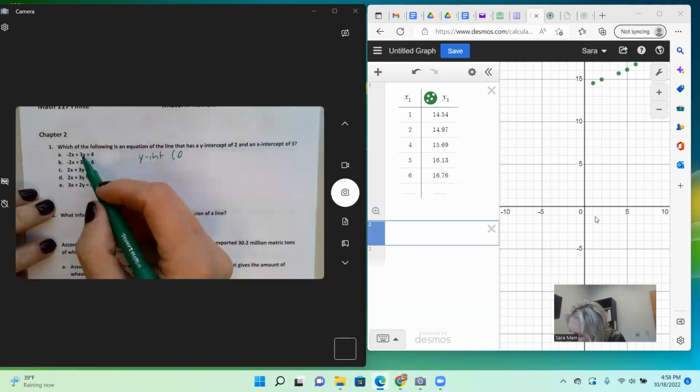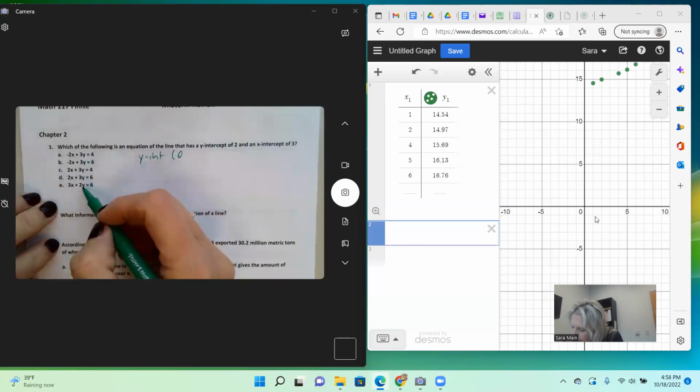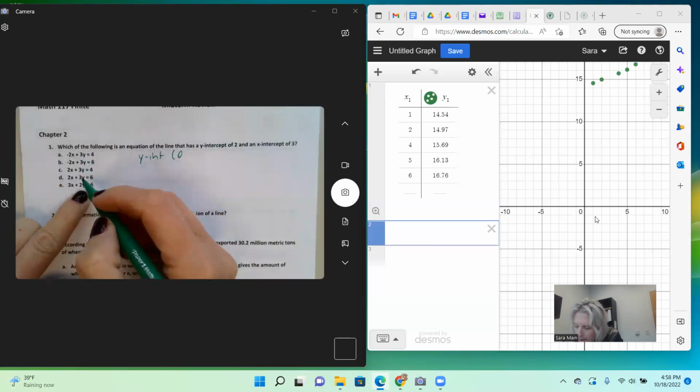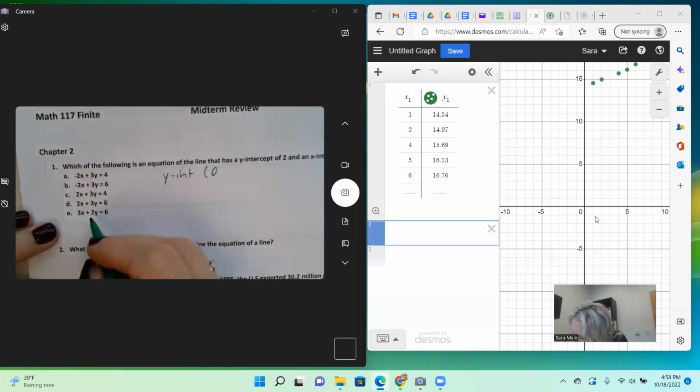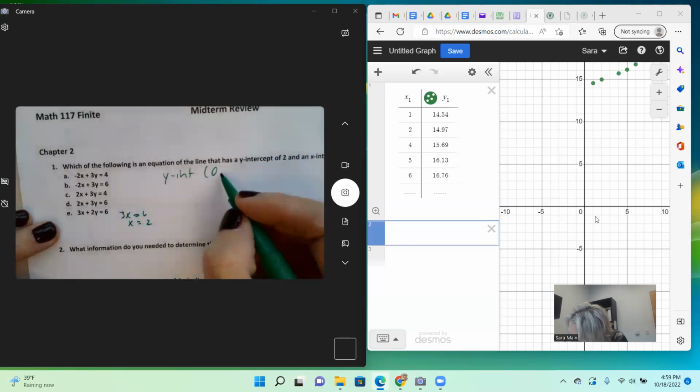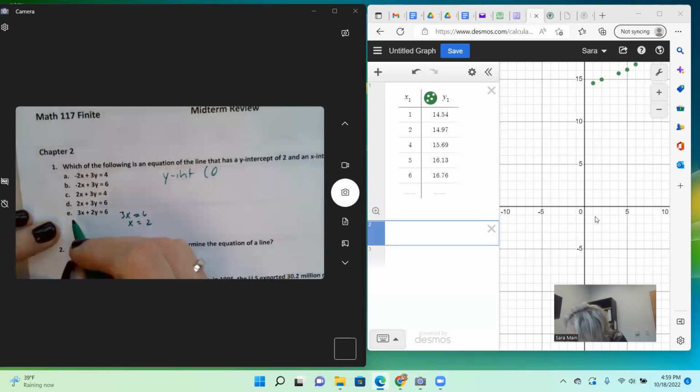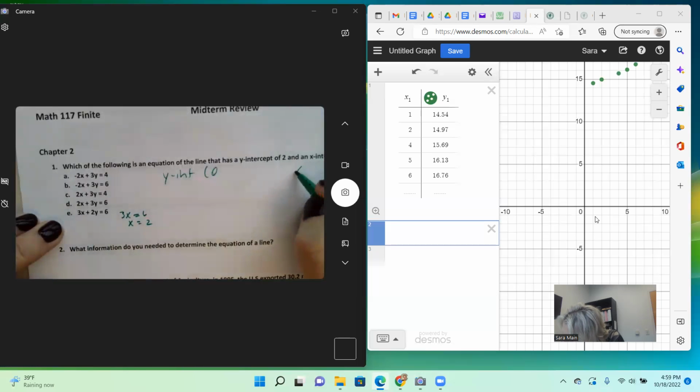So if we put in 0 into any of these for y, this one right here would be 3x equals 6, so x equals 2. Oh, we need to, so 0 in for y would be my x-intercept. So when I put 0 in for y, I get x equals 2.